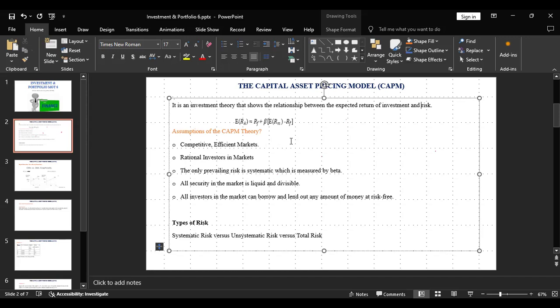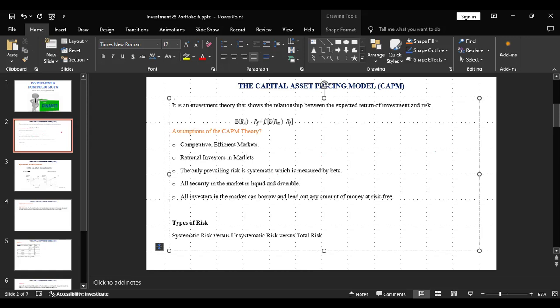Now, I told you that in finance, we assume. If we don't assume, we cannot come up with a formula. Now, CAPM has certain assumptions. One of the assumptions is a competitive and efficient market. When we talk of an efficient market, we are talking of a market where security prices reflect all the necessary information, making it difficult for a person to beat the market or to identify mispricing in the market.